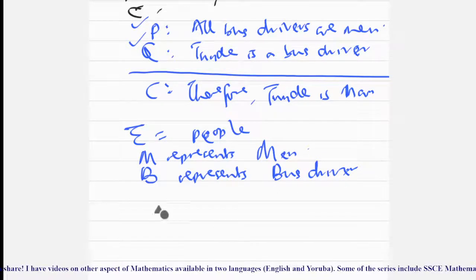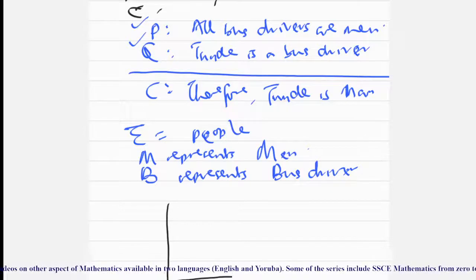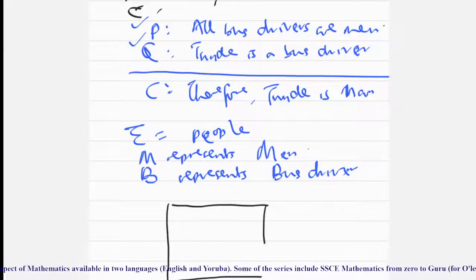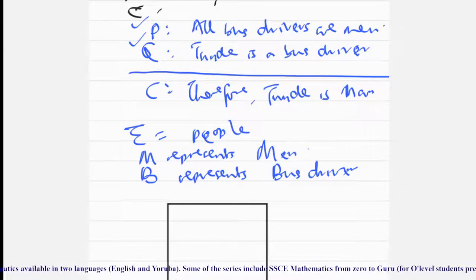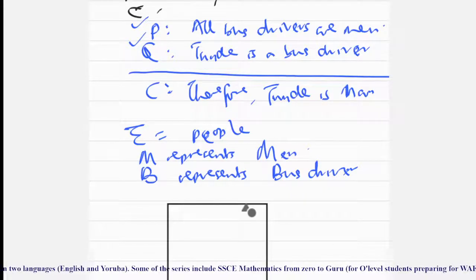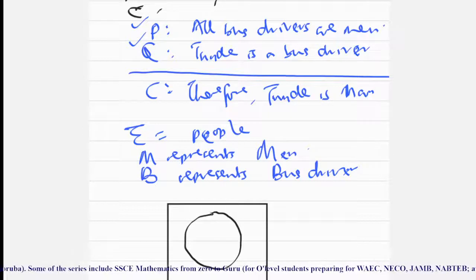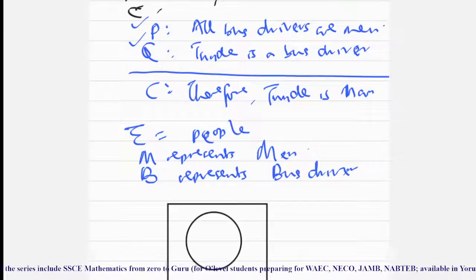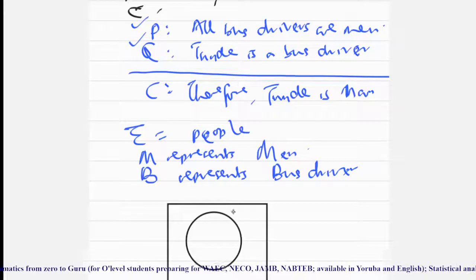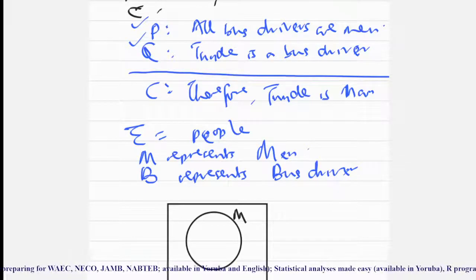Let me draw the Venn diagram. Your universal set is denoted by a square like this, or a rectangle. Then you have a circle like this. I hope you understand now. So if you have a circle that represents all men, let's say I denote this circle as M.